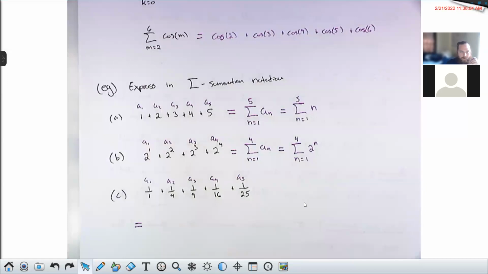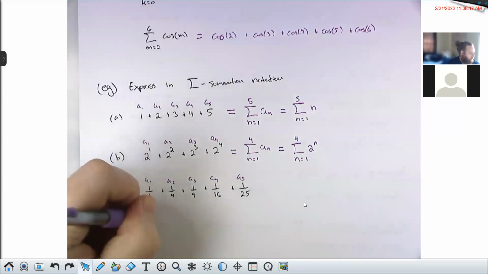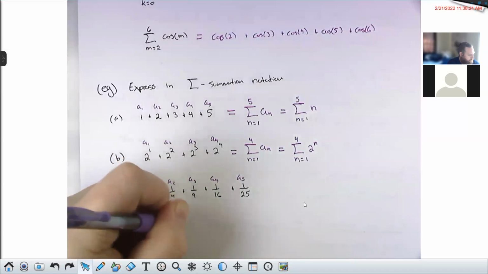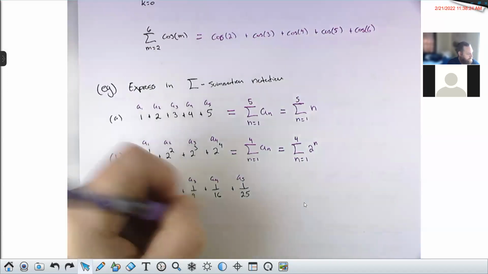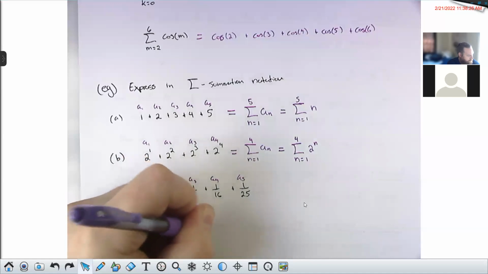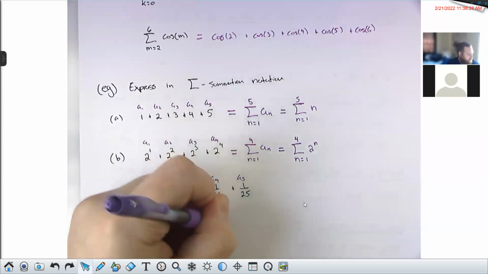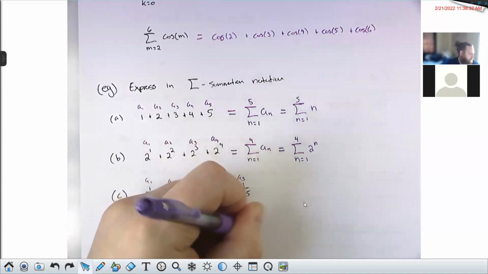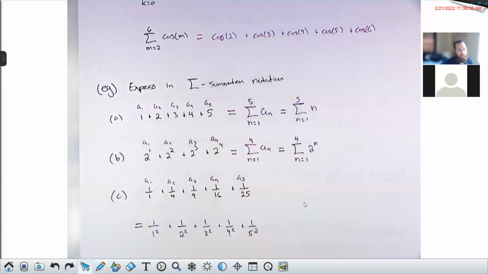What kind of numbers are they? Yeah, they're squares, right? This is 1 over 1 squared plus 1/4 is 1 over 2 squared plus 1/9 is 1 over 3 squared. 1/16 is 1 over 4 squared, and 1/25 is 1 over 5 squared.